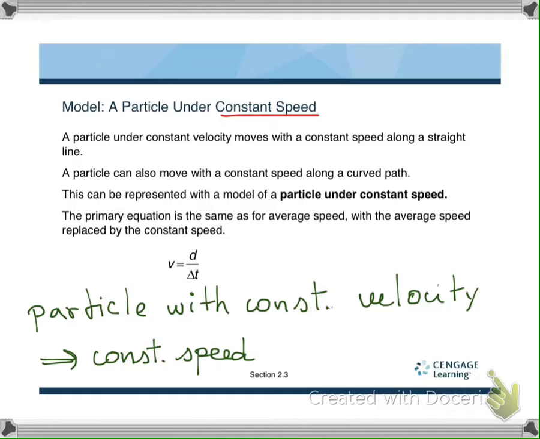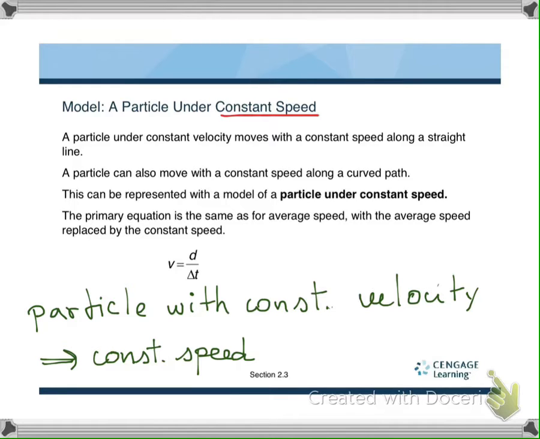But if a particle moves with a constant speed, it's not necessary that it moves with a constant velocity, because the speed is the magnitude of the velocity. Constant speed, not necessarily constant velocity.